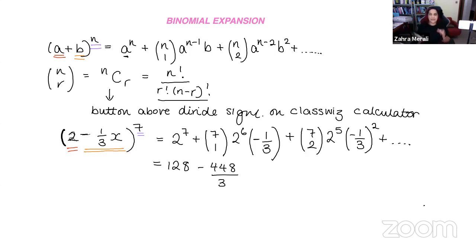Generally in pure maths, keep things as fractions unless they ask for it as significant figures. And in applied maths, do them as decimals to 3 decimal places or 3 significant figures. Okay, so then we've got 7C2 times 2 to the power of 5. Now it's minus a third squared, and it's all in a bracket for a reason, because it's going to become positive. So we get plus 224 over 3.